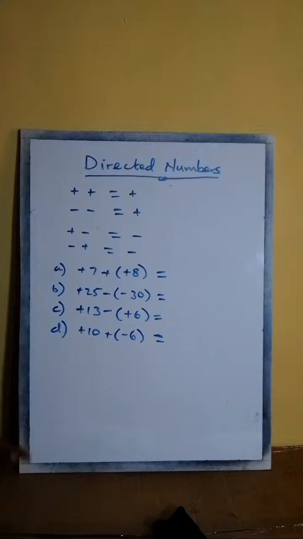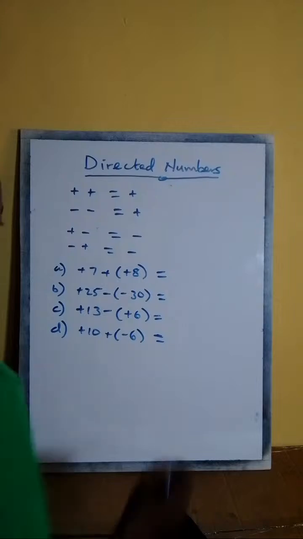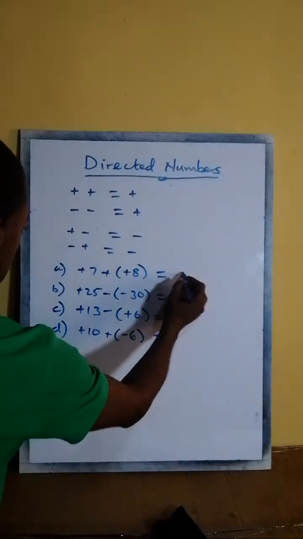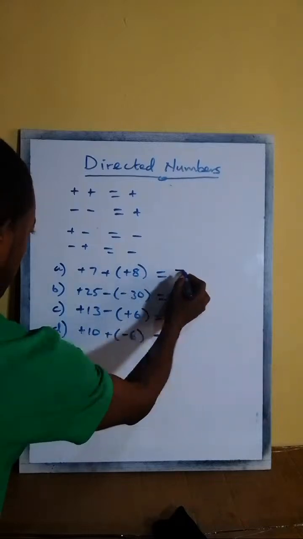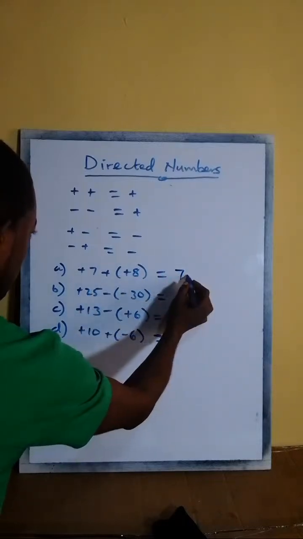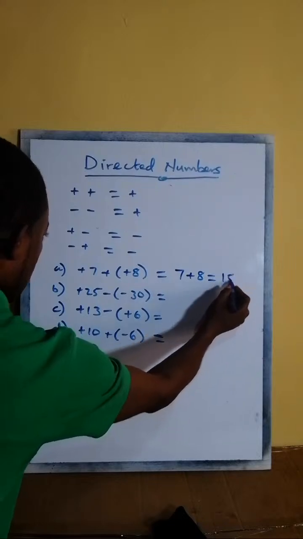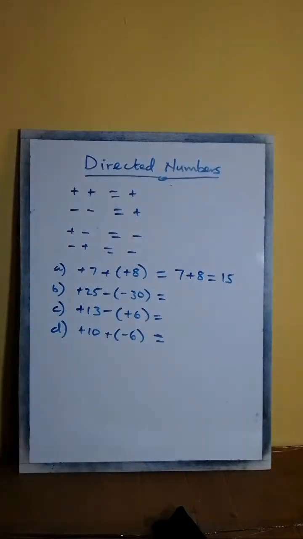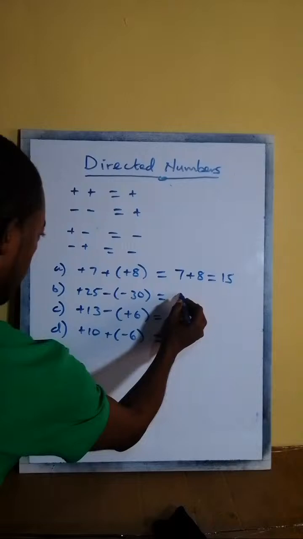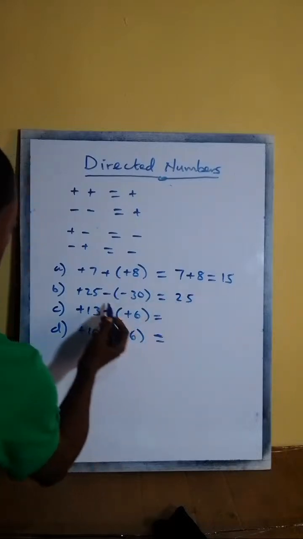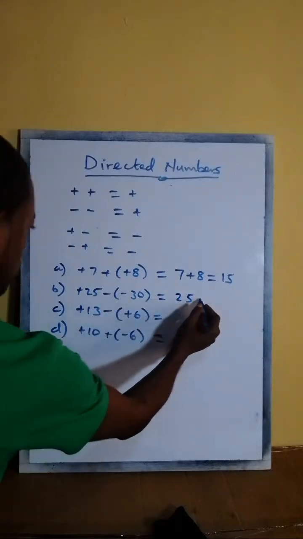Now when we follow this principle of signs, the first one is the same thing as 7 plus 8, since plus 7 is still 7. So that's 7, then plus is plus, that's plus 8, and 7 plus 8 is 15. We can also use a number line to do that. Then the next one: plus 25 is still 25. Then we have minus minus, which is plus.